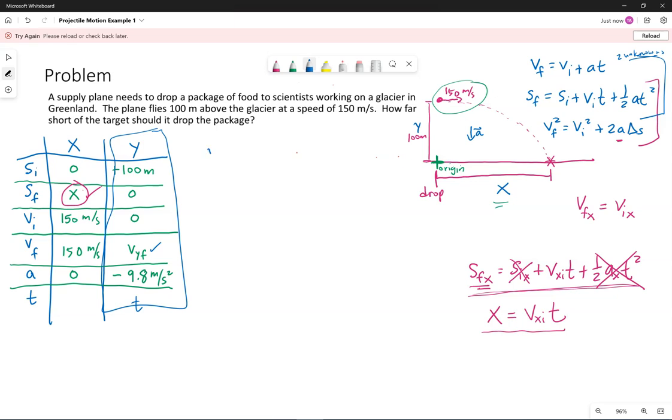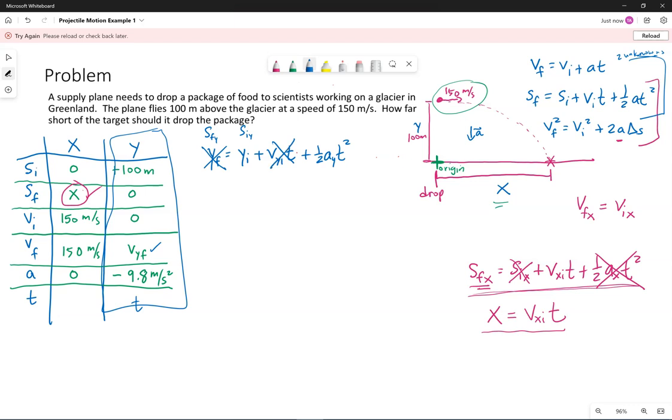So this middle equation, the final y position is going to equal the initial y position plus the initial y velocity times time plus 1/2 the y acceleration times time squared. Now you can write these s final y and s initial y if you want as well. That's a matter of choice. Specific to this problem, we know there's no final position because of how we chose our origin to be.